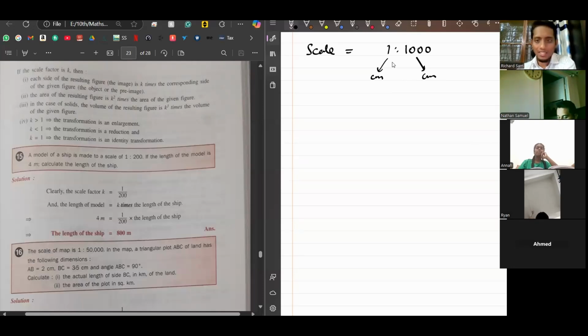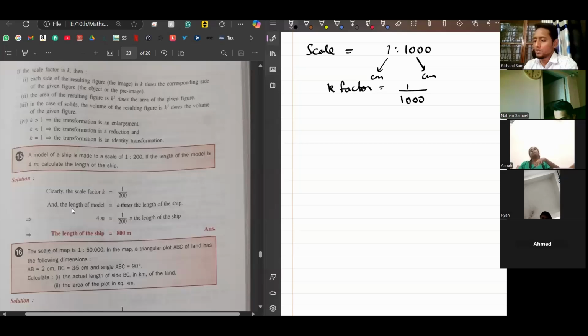Now this scale is called the K factor. In this part of the chapter, K factor is the scale. How do you write the scale? As a fraction, like 1 upon 1000. So writing it like this is called the K factor. Let's see how we can use this K factor to compare the actual size of something to the size on the map or a model.